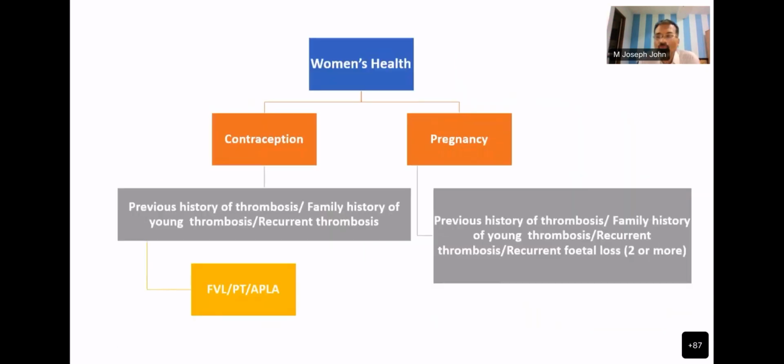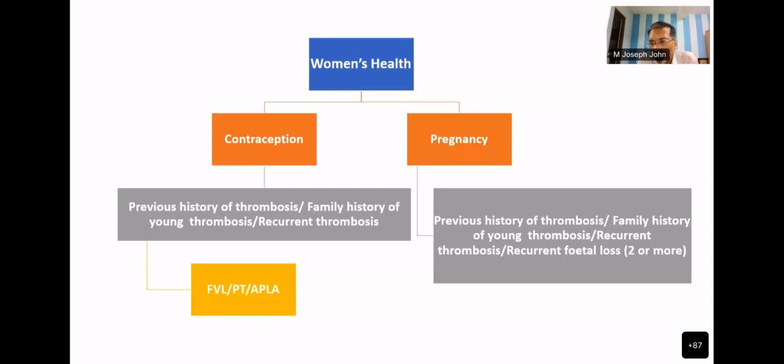Contraception, anybody who wants to take oral contraception, should we do thrombophilia testing? The answer is no. However, if there is a previous history of thrombosis or a family history of young thrombosis or recurrent thrombosis, those are the situations where it may be worthwhile testing before we start oral contraception.